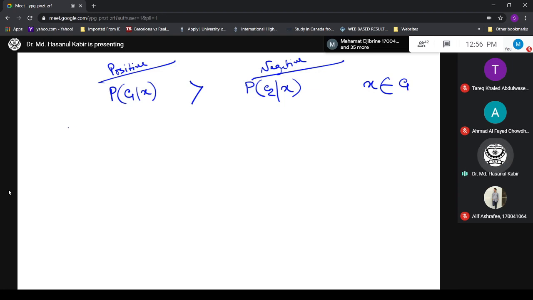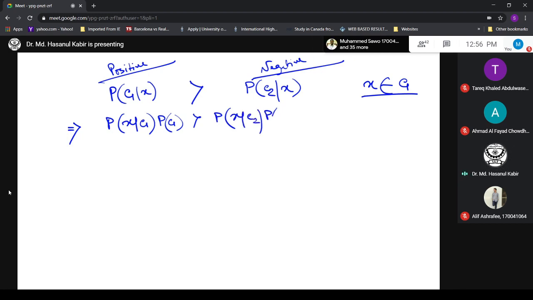Now, if I break it down, we know that we can write it like this: the likelihood times the prior, and then I will keep this greater than symbol here because I assume that I will classify it to class 1. And then on the right hand side, I will have the likelihood of class 2 times the prior. Now, if I simply take the log likelihood, or okay, forget about the log likelihood, I do some rearranging of terms.